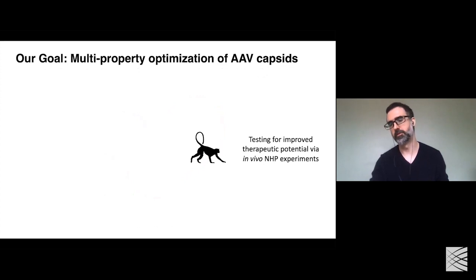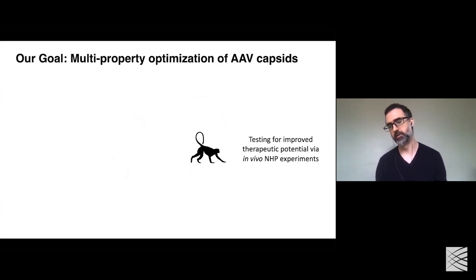It's important too to test it in the right system. This goes back to a comment from Ben Deverman in Sam's talk. We want to measure the most relevant thing, in this case for applications in human gene therapy. Every gene therapy prior to going to human clinical trials is going to be tested in non-human primates, both for safety, but also hopefully for ensuring the delivery efficiency.